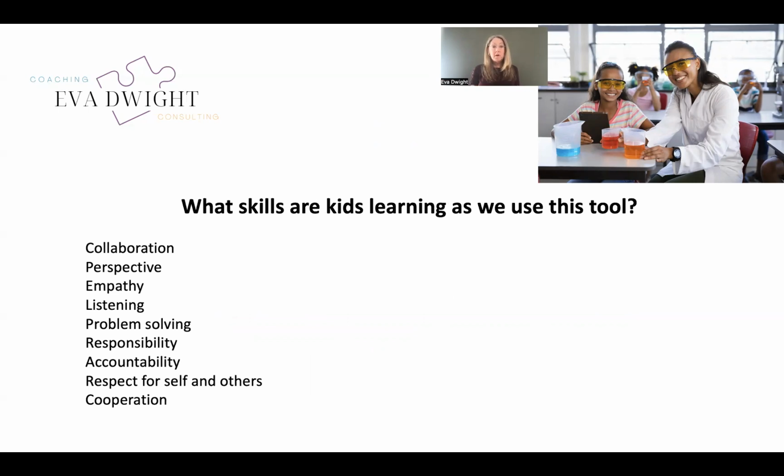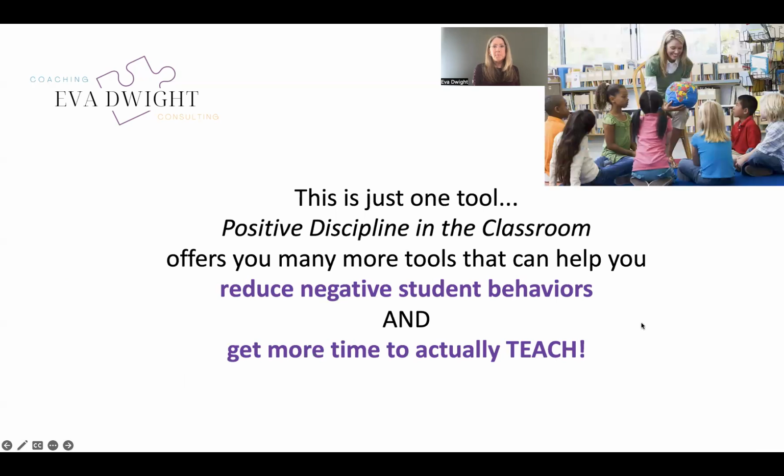Listening skills, problem-solving skills, responsibility, accountability, even as we come back and say, part of this plan isn't working, what can we do about that? What else can we think of? Respect for self and others, cooperation. We could probably add more to that list. There are lots of skills we're going to practice as we go through this process.